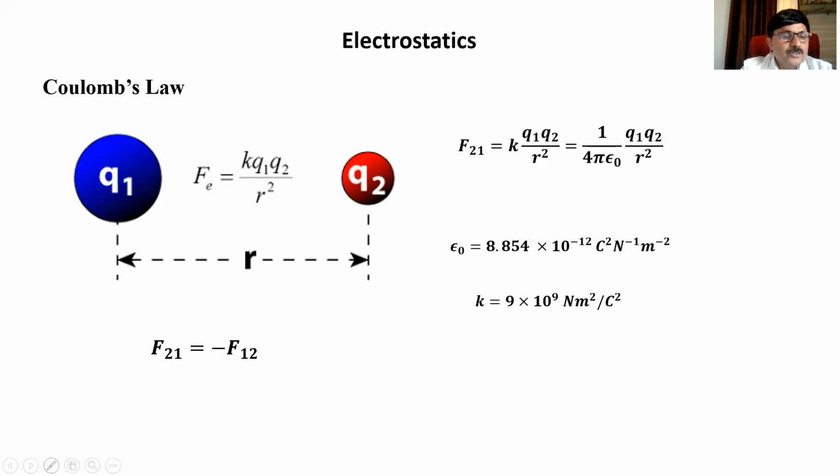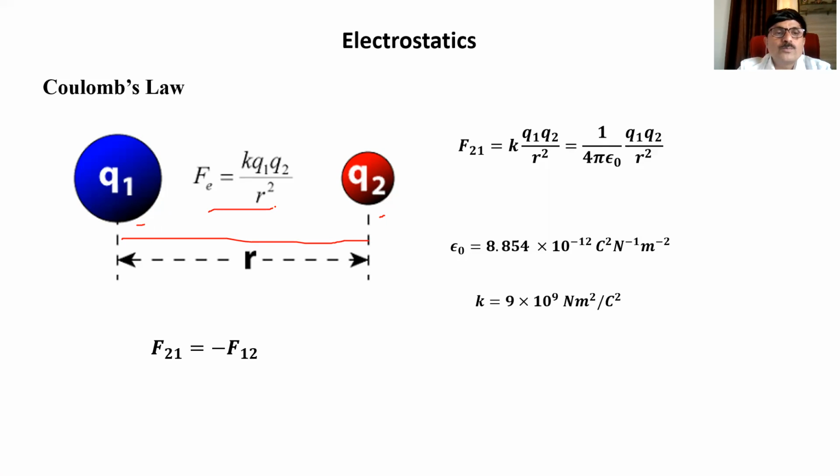So here we have considered two charges, this is charge Q1 and this is charge Q2, which are separated by a finite distance r. Then according to Coulomb's law, the force of attraction or repulsion between these two charges is directly proportional to the product of the charges and inversely proportional to the square of the distance between them.